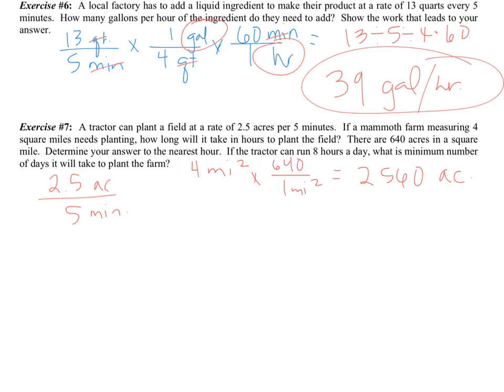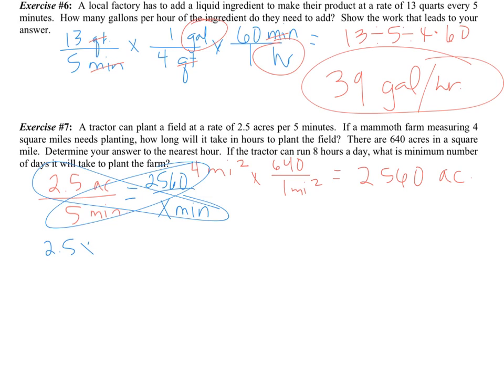So we have the 2.5 over 5, and we want to know how many minutes if we are looking at 2,560 acres. So we're going to cross multiply, and 2.5 times x equals 5 times 2,560.